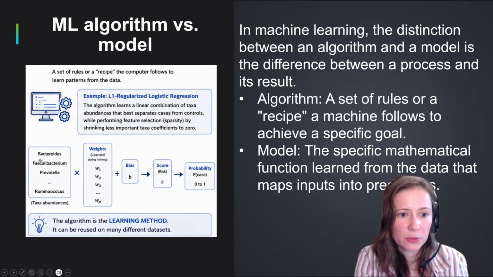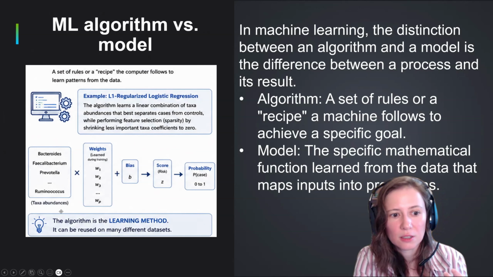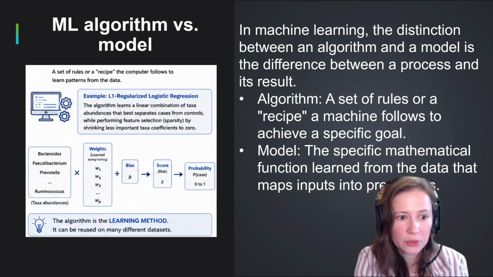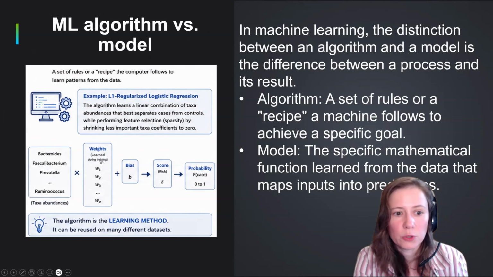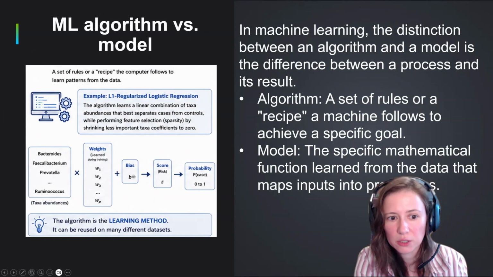So just to give an example here, for a typical linear or logistic regression algorithm, you're going to start with a spreadsheet of data where you have features on the columns, samples on the rows. This example here is just an illustration of a gut microbiome composition data. And the algorithm will start setting random parameters in your model, or weights, and random bias as well.